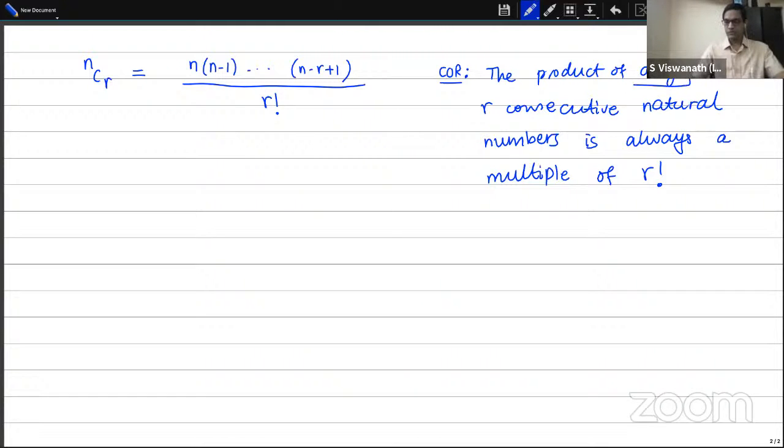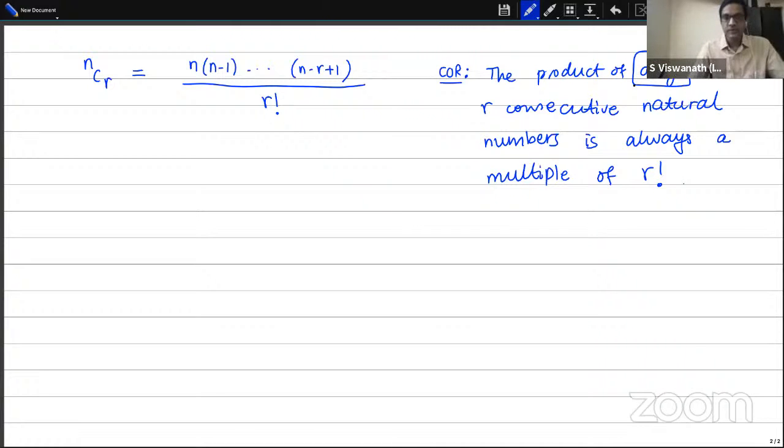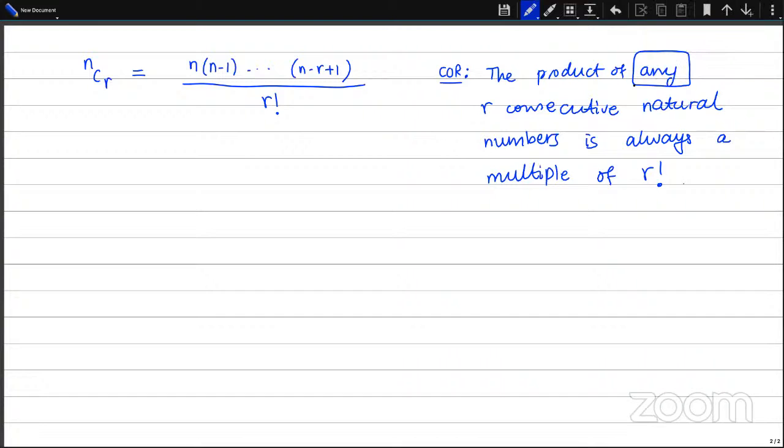It doesn't matter which R consecutive numbers you pick, just anywhere in the number line, any natural numbers that are consecutive. We are having R consecutive numbers. Sorry? In the nCr formula, we are having R consecutive numbers. Okay, so why does that prove it?